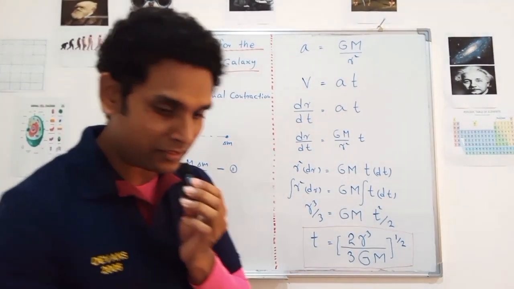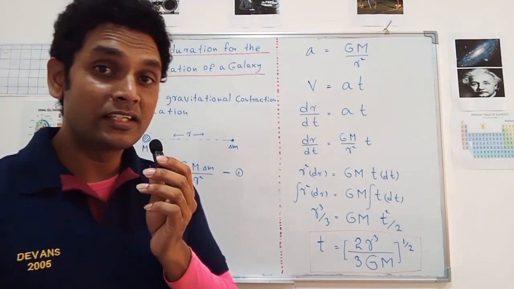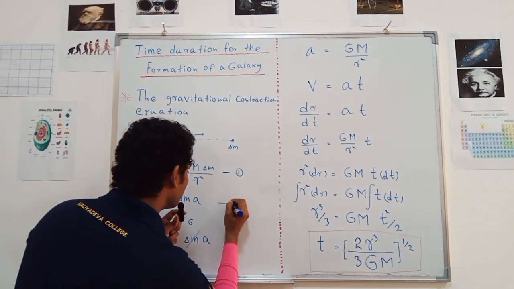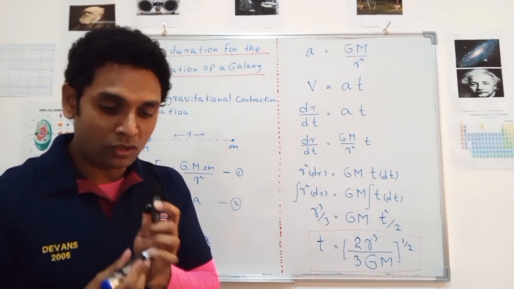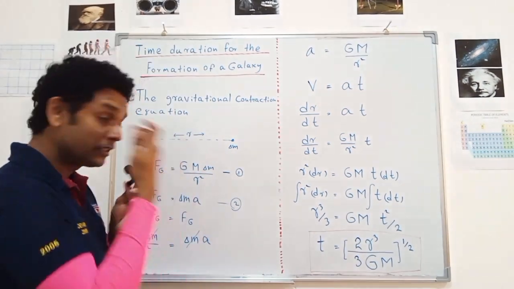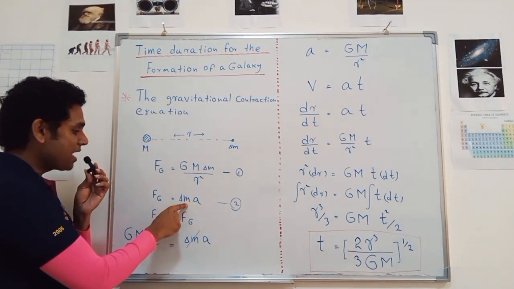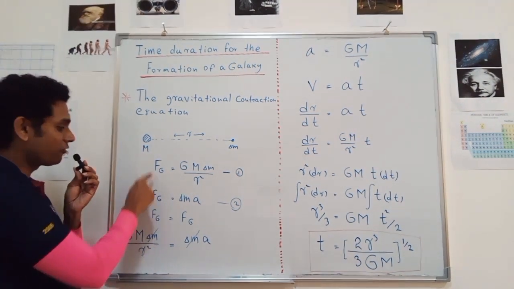Now the second equation can be taken according to Newton's second law, F equals ma. According to Newton's second law of motion, the acceleration multiplied by the mass is equal to the force. Here the force is the gravitational force.